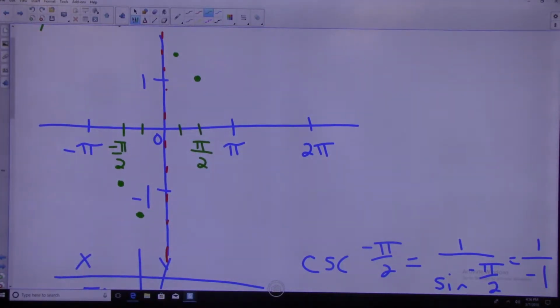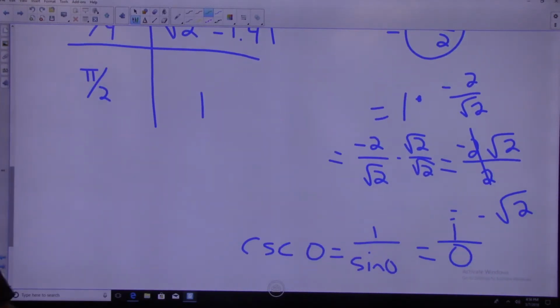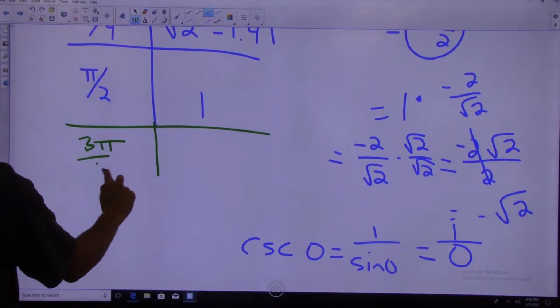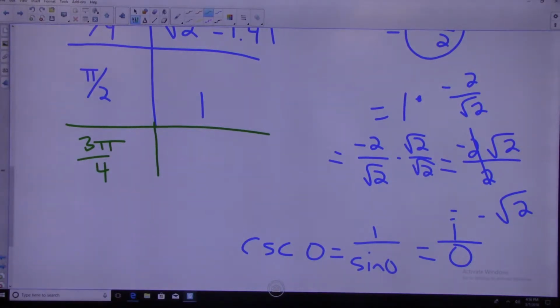Now I know it probably isn't a good enough picture for you guys to understand. So let me just keep this going a little bit further. So what if I went on to 3 pi over 4? Guys, you can check this, you can pause this and do this.